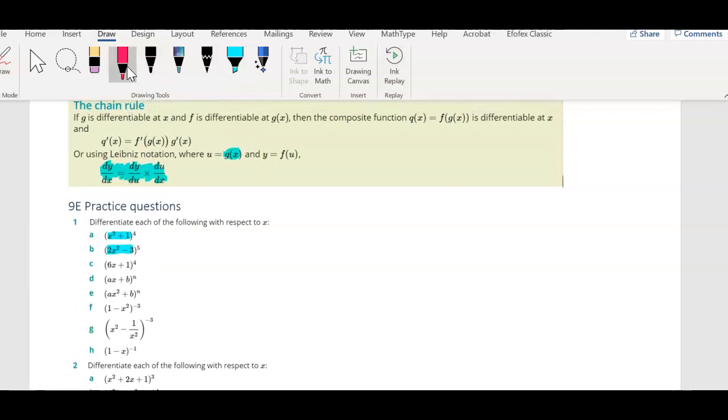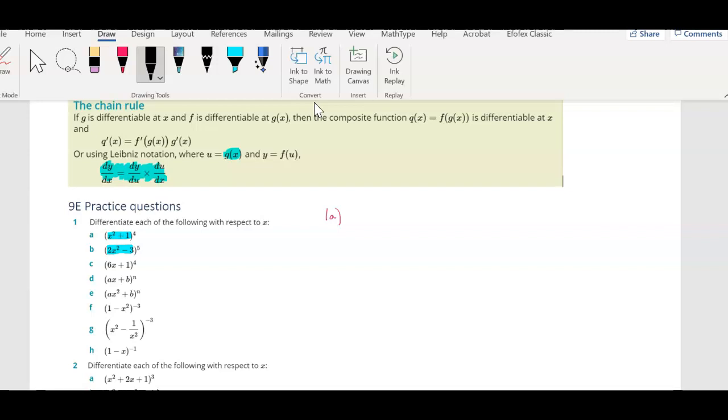So when you're using the chain rule, let's just do 1A over here. We always look at, okay, think about a composite function. So what are you taking to a power? Okay, so if we were to expand this x squared plus 1 to the power of 4, it's going to take us a very long time to do.